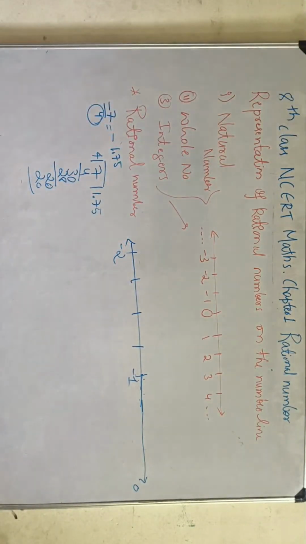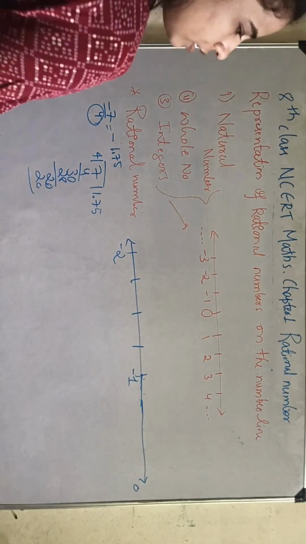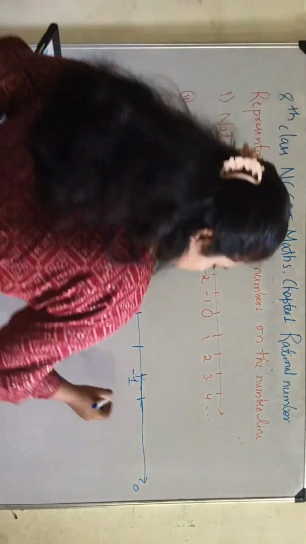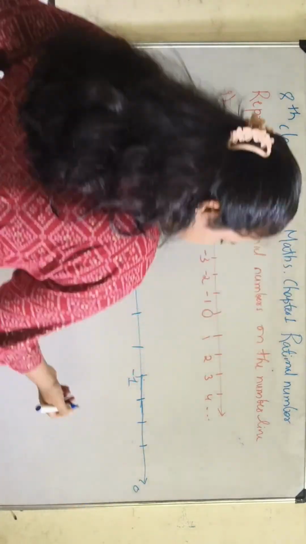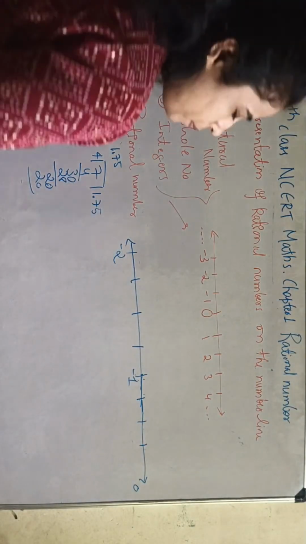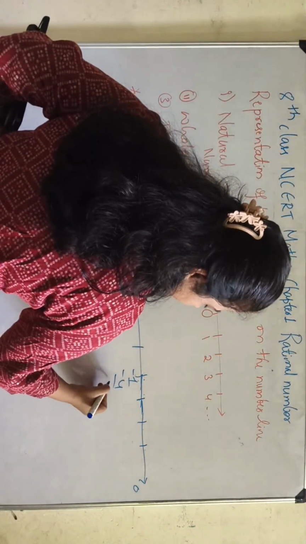See, we have to start from here. This is on the negative side, right? Means it is minus 4 by 4.